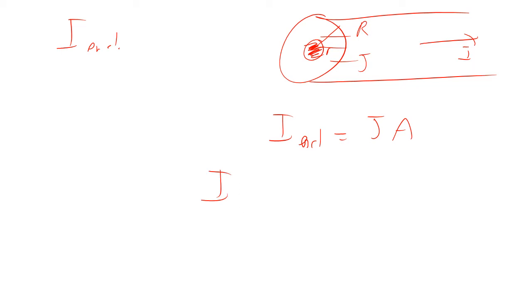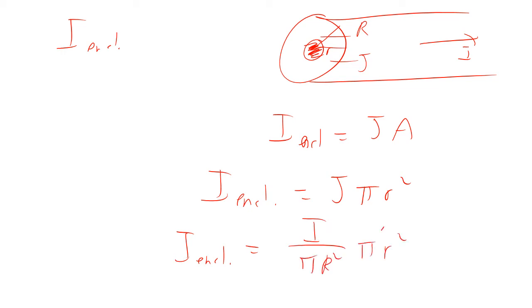So the enclosed current is going to be J times pi r squared. Well, J was I divided by pi big R squared, times pi little r squared. So the pi's cancel, and this is I times little r squared over big R squared.